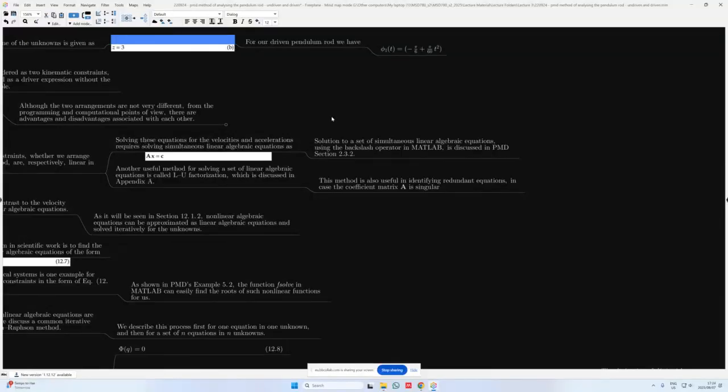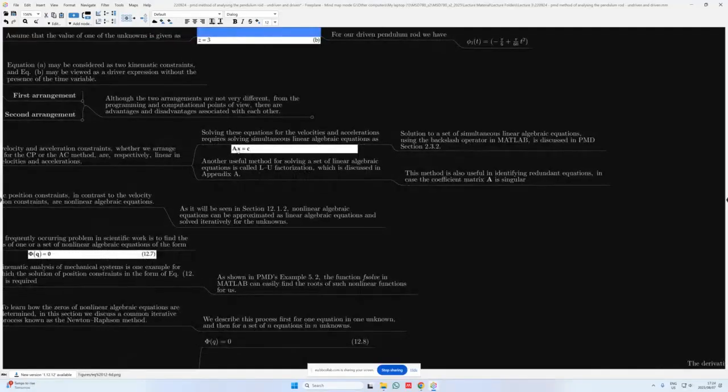However, another useful method that we can perhaps use for solving a set of linear algebraic equations is called LU factorization. So what we essentially do over there is we break up our coefficient matrix into a lower matrix, so a matrix that essentially has most of its non-zero elements below the diagonal, and then a U or an upper matrix with most of the non-zero elements being in the upper diagonal.